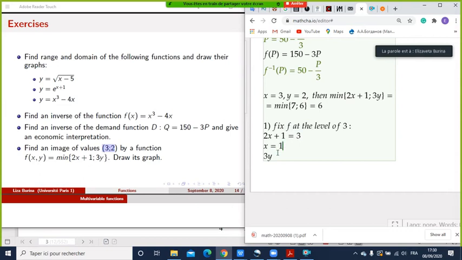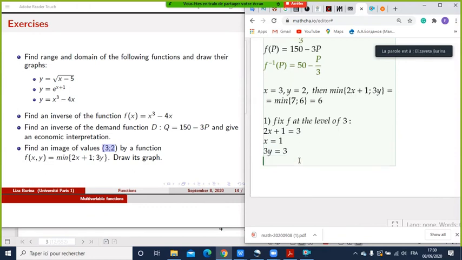Well, correct. And y is going to be equal to 1 as well. Okay, that's nice. So we know that the minimum in this case will be 1 for x and 1 for y.